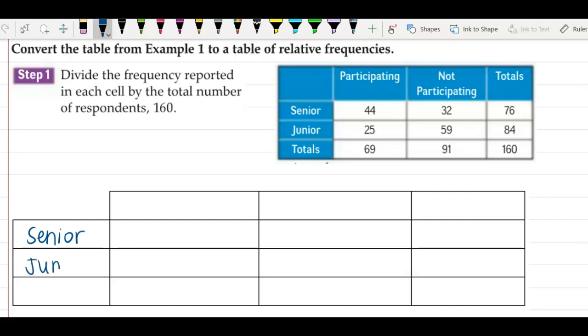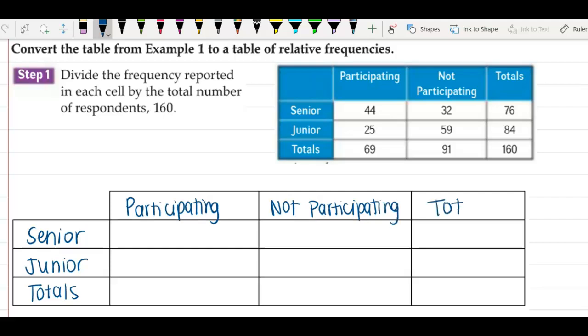Senior, junior, totals, participating, not participating, and totals.